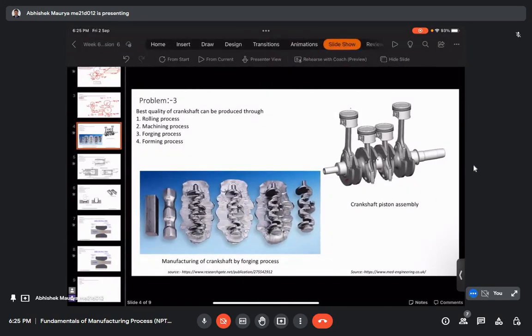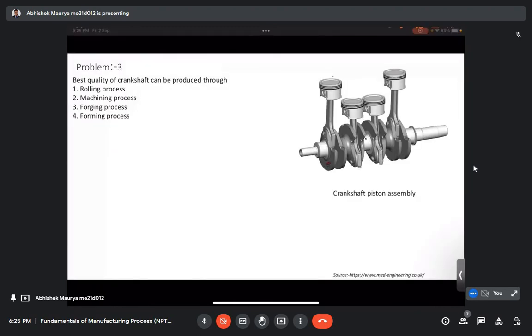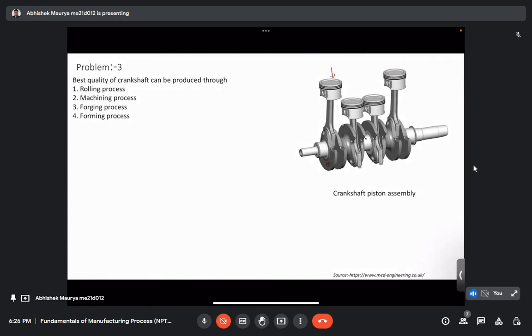These pistons are inside the cylinder blocks, and when fuel burns, there is generation of pressure inside the cylinder, and because of that force gets generated, and that force comes on the piston.